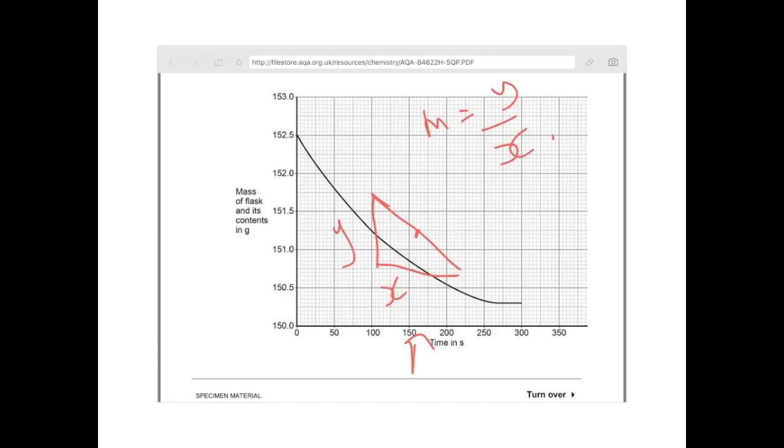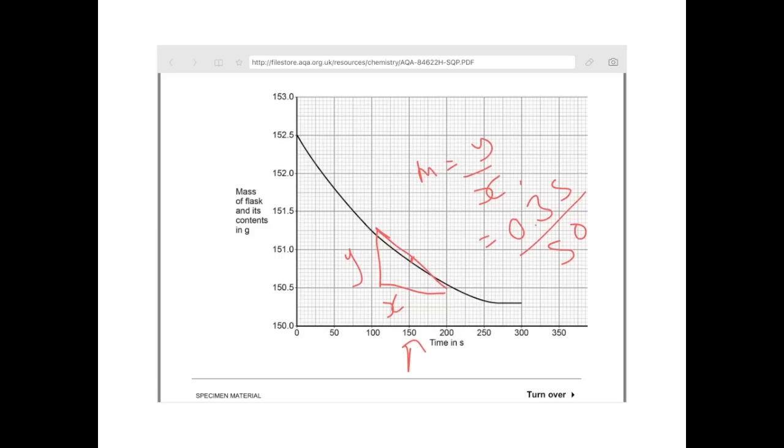And then you're going to have to read off that x-axis again. You'll find that the mass lost was approximately 0.35, then divided by the time in seconds, which was approximately 50, and that will give you an answer which is 0.07. They do allow a range of answers here because everyone will draw that tangent slightly differently.